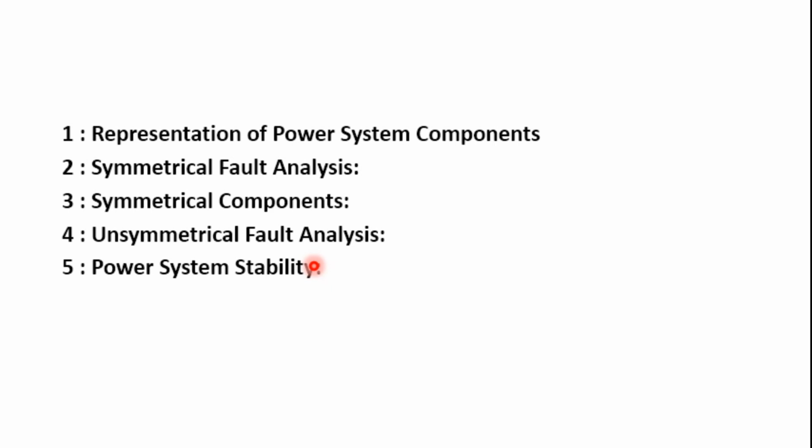Then there is contingency analysis, which is nothing but the failure of one or more components in a system, like generator failures, transformer failures, transmission line failures, or a load being disconnected. How the system is going to behave, these are all the things we are going to discuss.